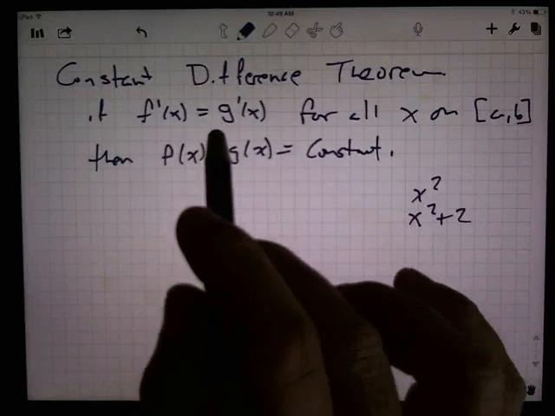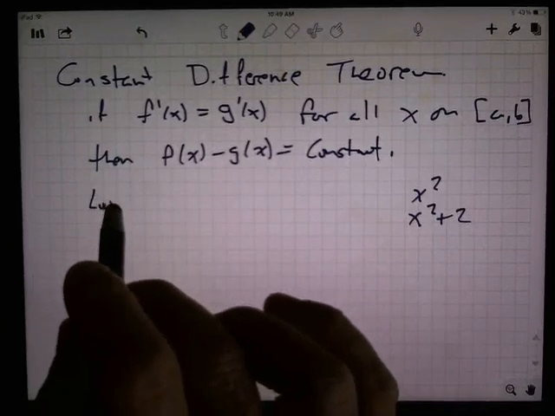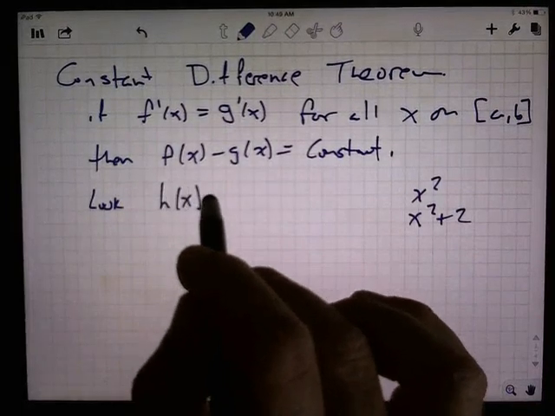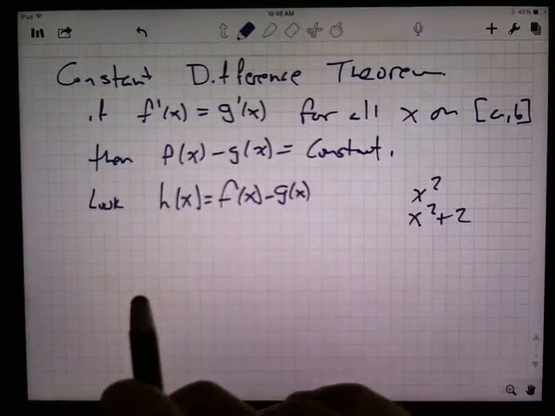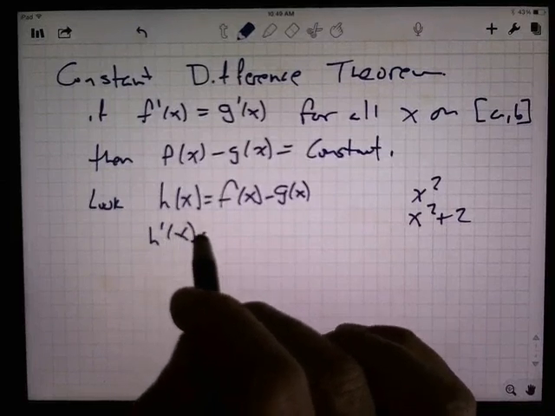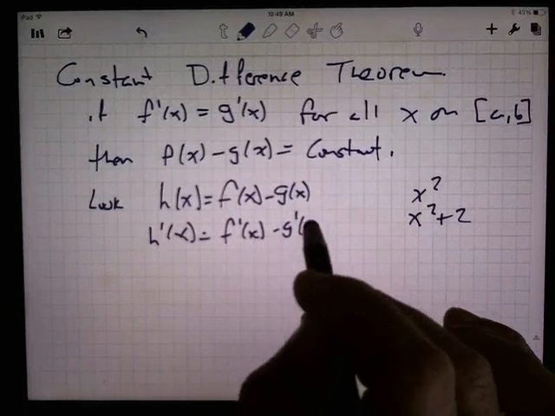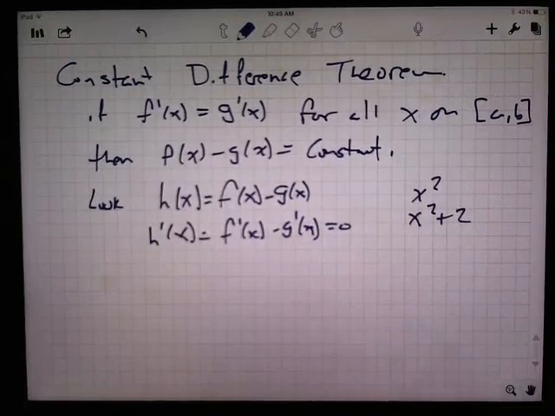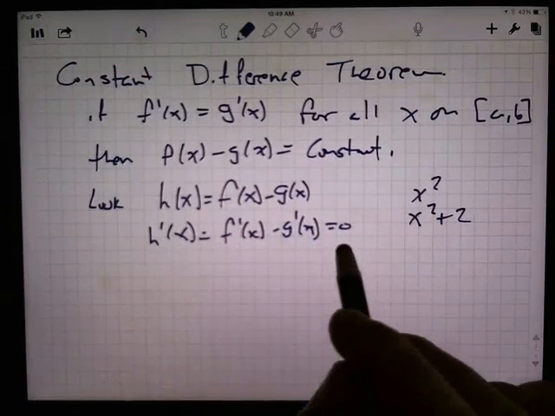Okay, and to see that this is the case, you look at the function h of x equals f of x minus g of x. Right? h prime of x is f prime of x minus g prime of x. But I'm told that f prime and g prime are the same, so this is equal to 0. So h is a function whose derivative is always equal to 0.